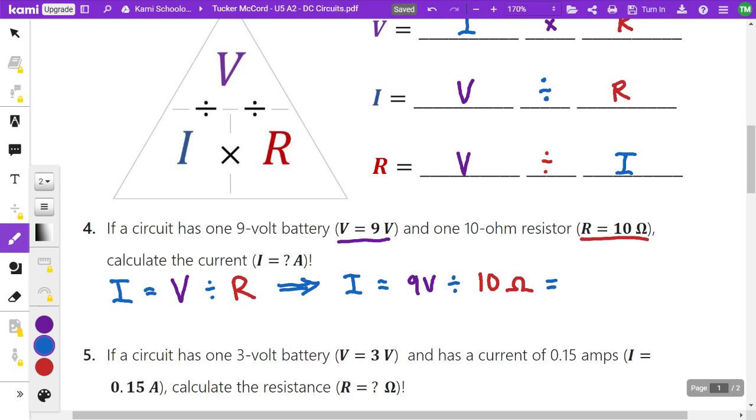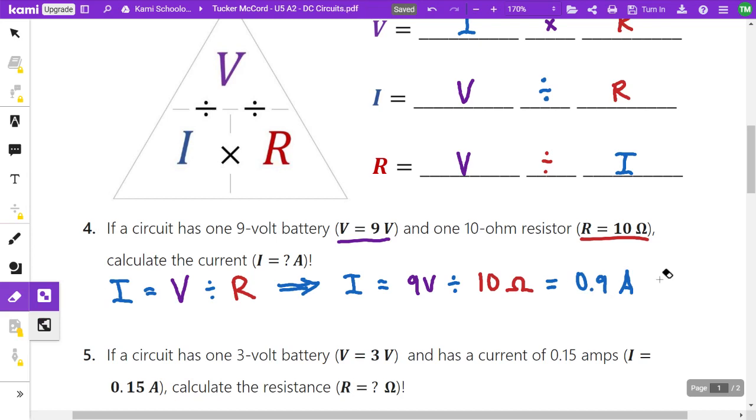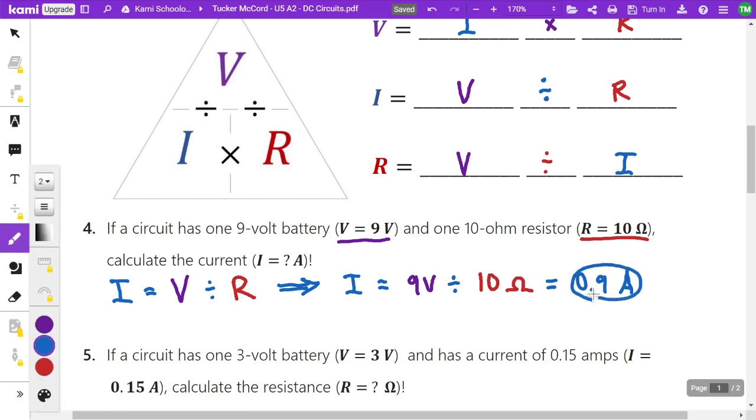So if you type this in, 9 divided by 10 should give you around 0.9. And the unit for current is amps, capital A. And that's my answer. Well, that was kind of a bad circle. Let's try that again. That's a little bit better. So 0.9 amps would be the current in this circuit.